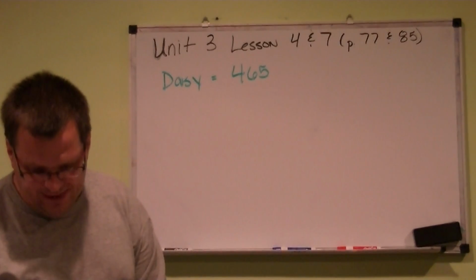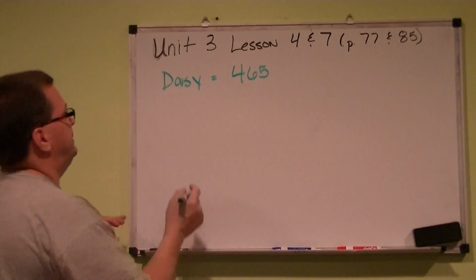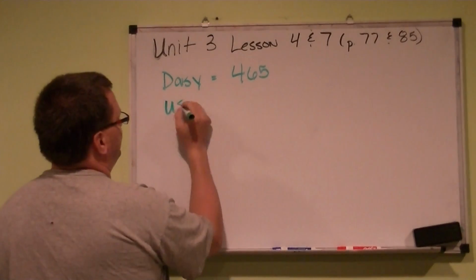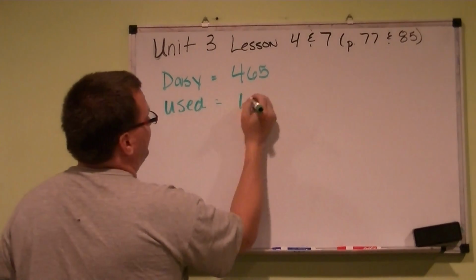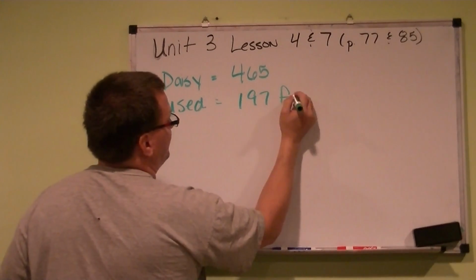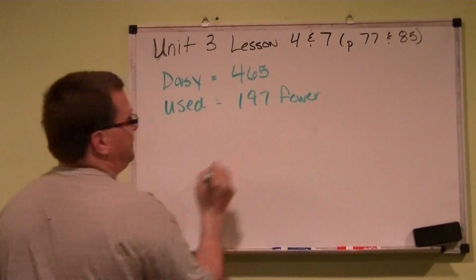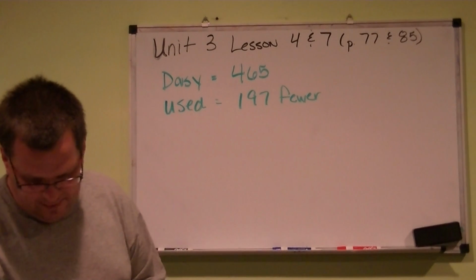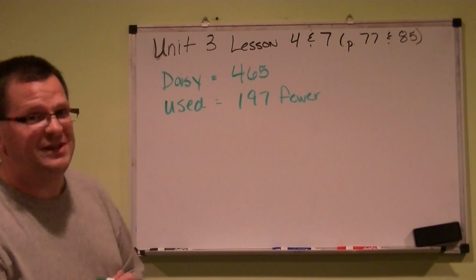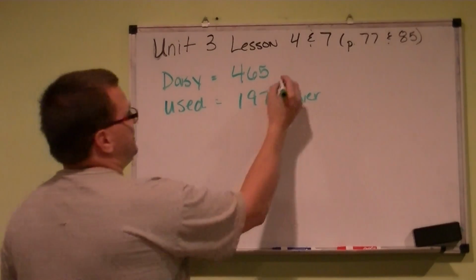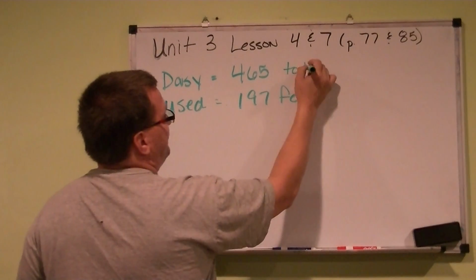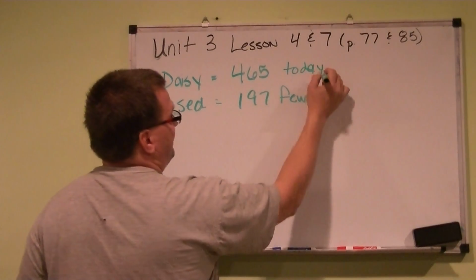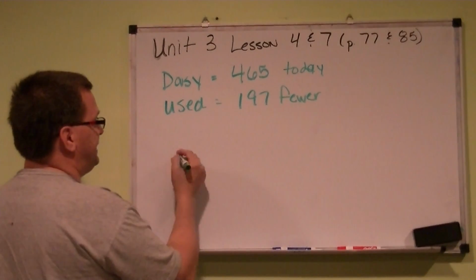They used 197 plates fewer than they used today. How many plates did the Daisy Cafe use yesterday? So this is how many they used today, and this is how many they used yesterday.